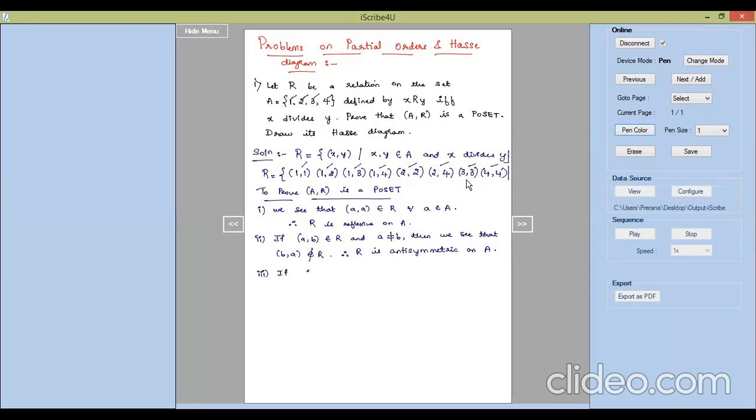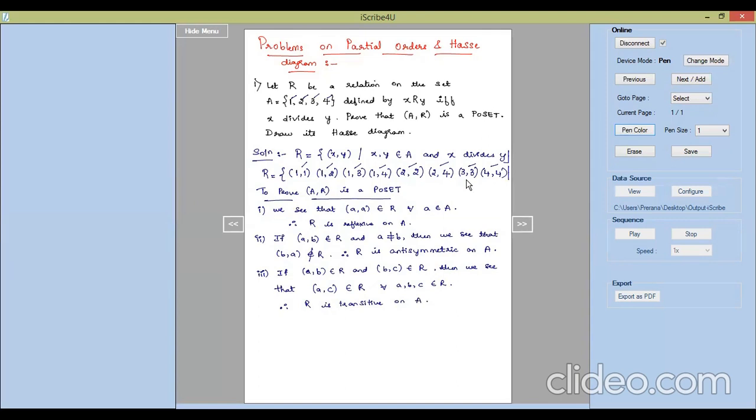If A, B belongs to R and B, C belongs to R, then we see that A, C belongs to R for every element A, B, C. Therefore, R is transitive on A.